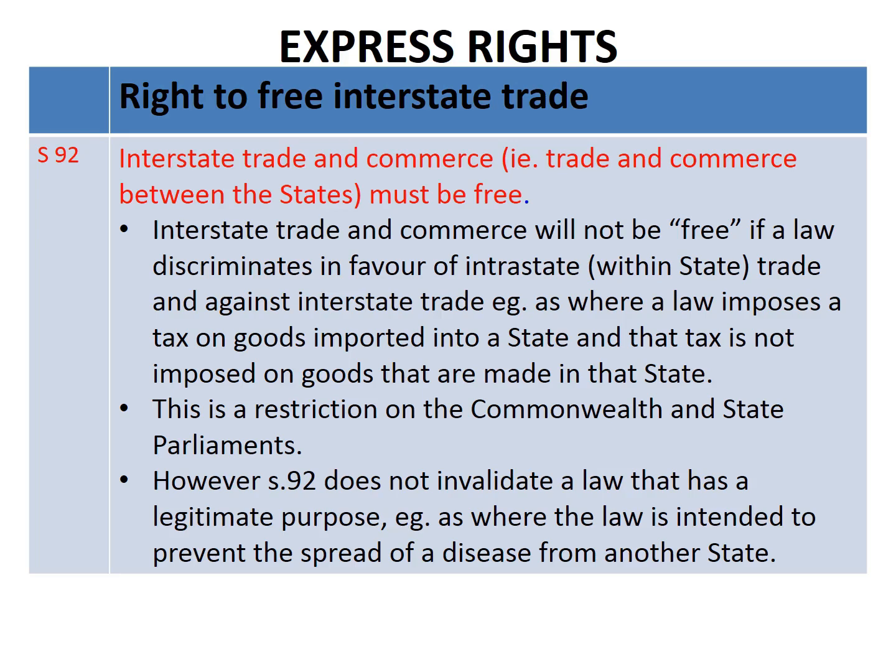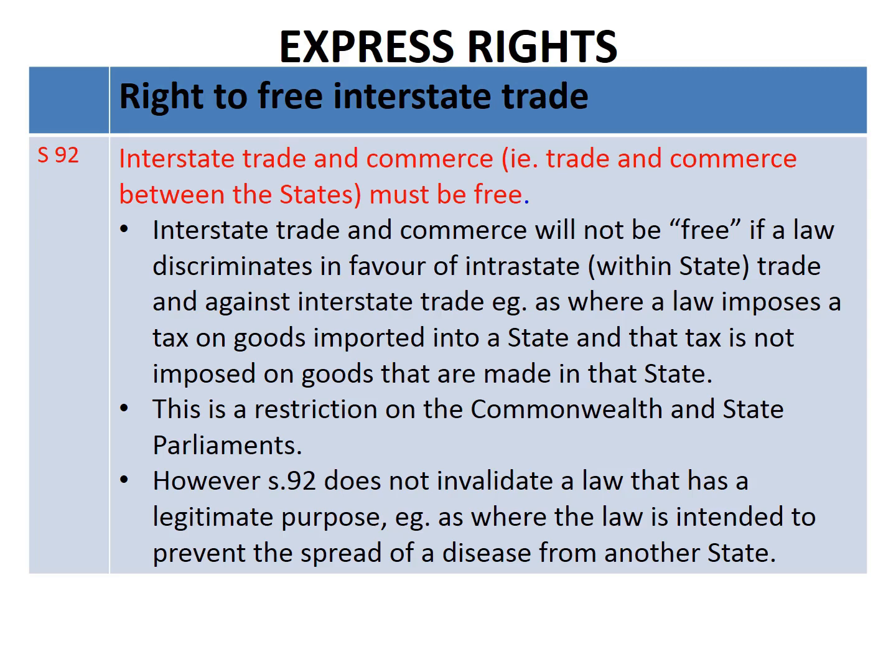There's a lot of old-fashioned language in that, but what that boils down to is that Section 92 says that trade and commerce between the states, which is what interstate trade and commerce is, must be free.